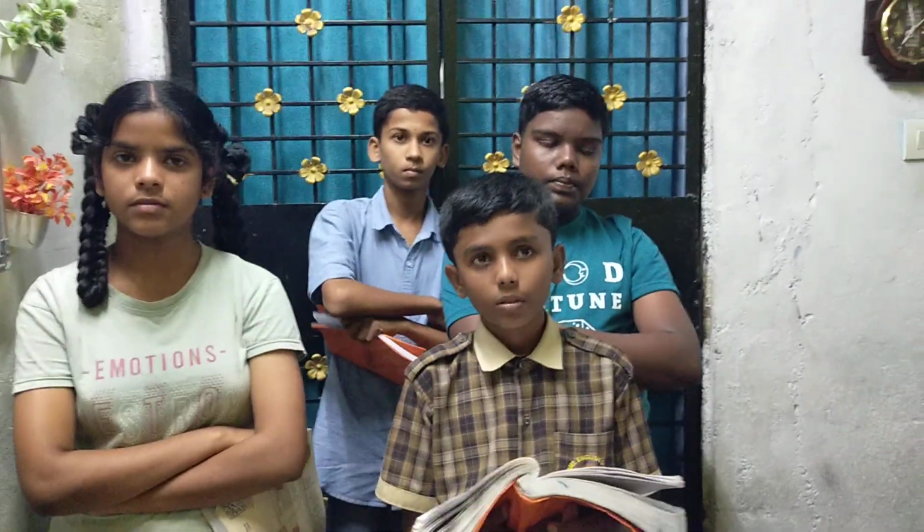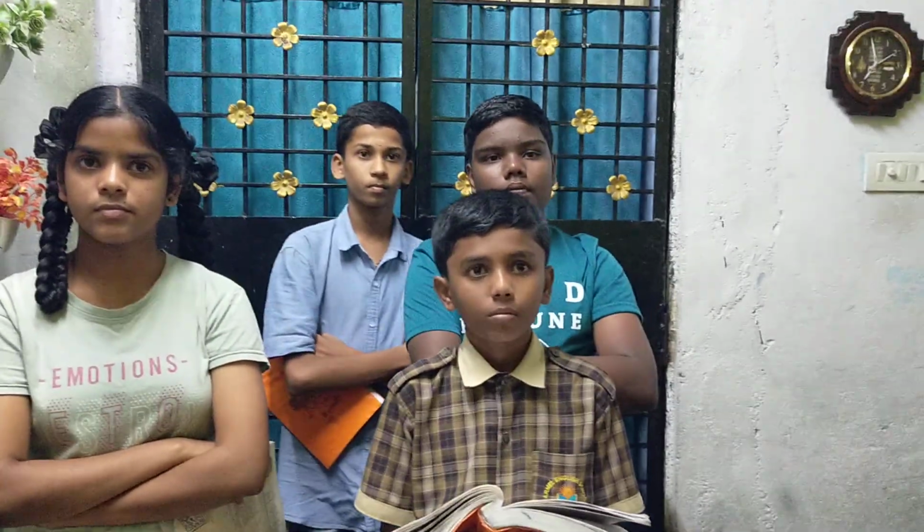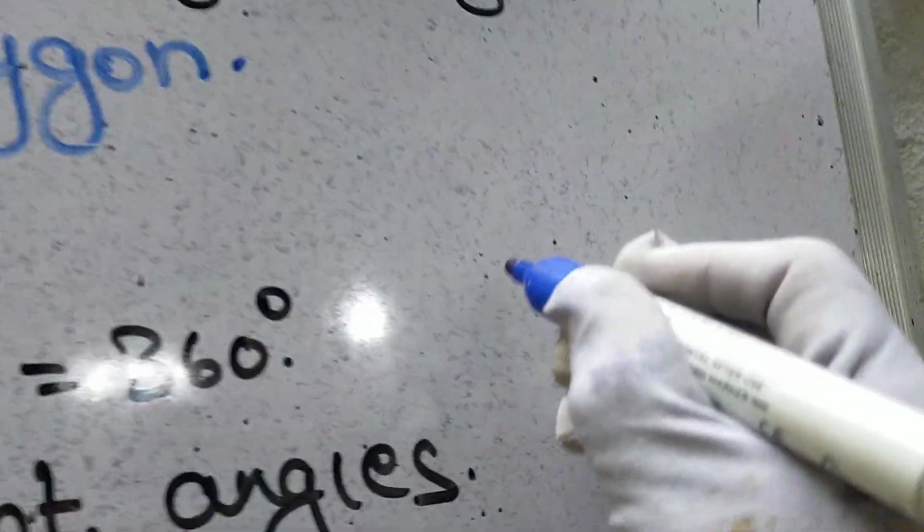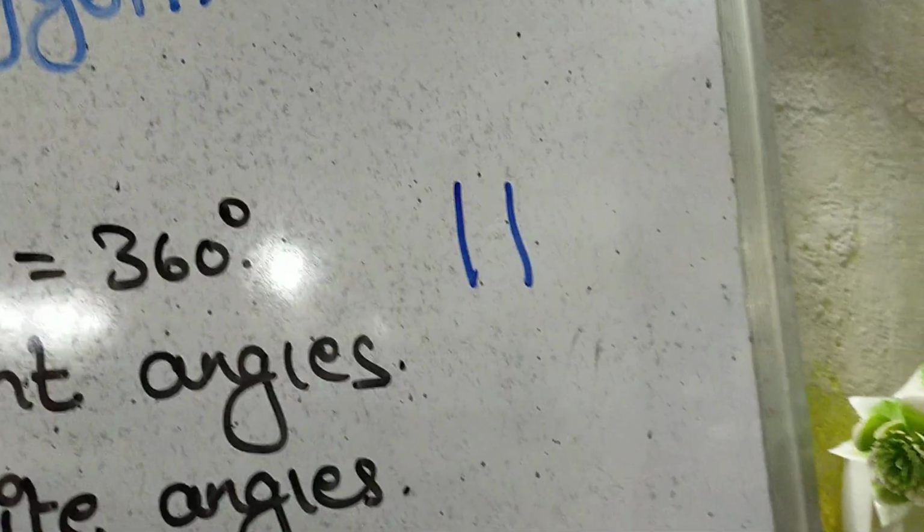That means quadrilaterals are 2D shapes, closed figures, polygons. What do you mean by closed figure? Polygons are closed figures, that means there are no open ends. See, with 2 lines, can you make a closed figure? No, right? They don't join. See, these are 2 lines. Can you form a closed figure with them?